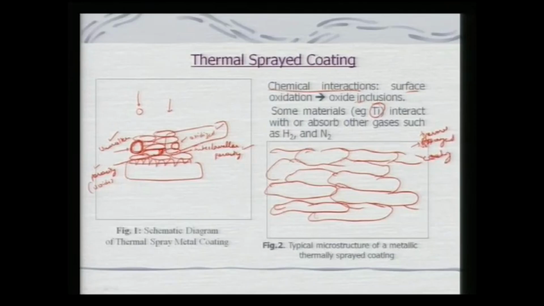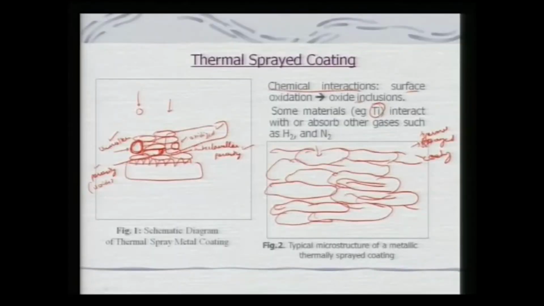We can see stringers or lamellae, which are nothing but spread splats. So, this is a typical microstructure of a metallic thermally sprayed coating. It undergoes heating and then spreads out to form a layer over the already existing surface, and that deposition occurs because of the interlocking of this particular splat with the existing surface.